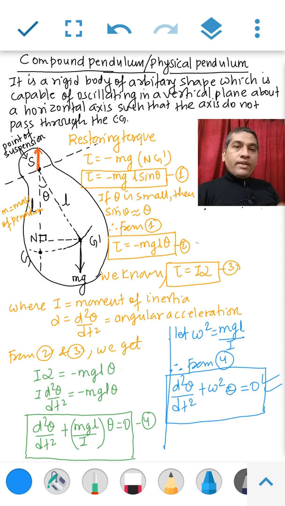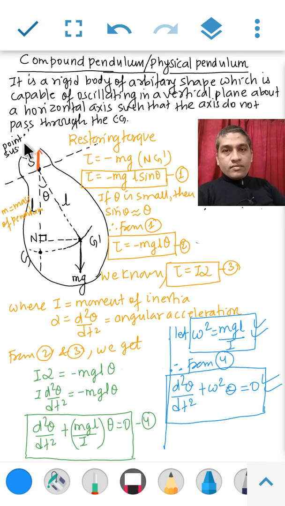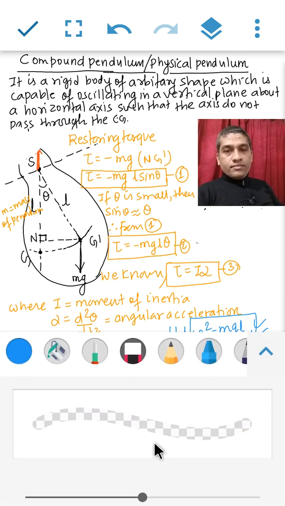Now we are interested in finding the time period of the compound pendulum. Clear? To find it, we use this relation, omega square equals mgl divided by I, that is moment of inertia.